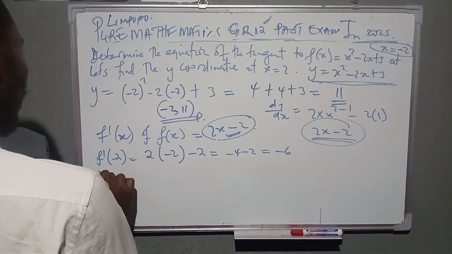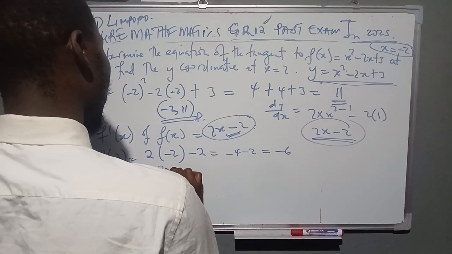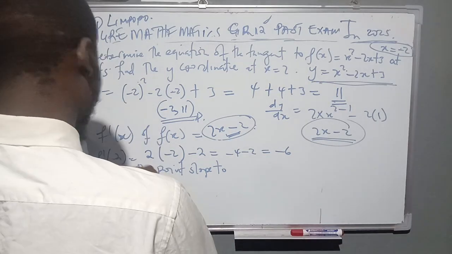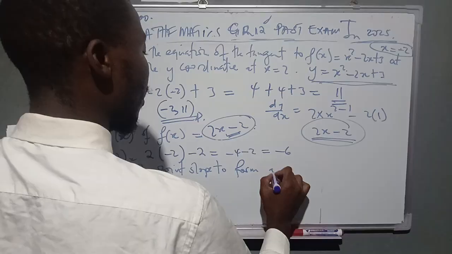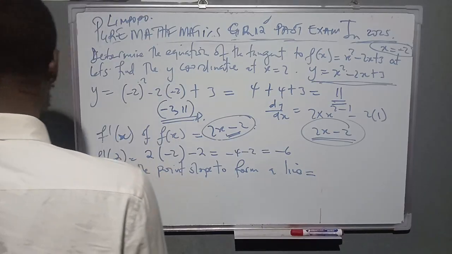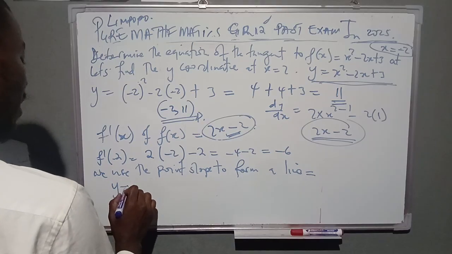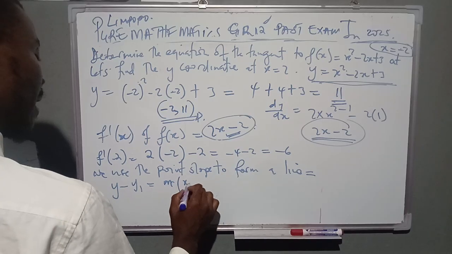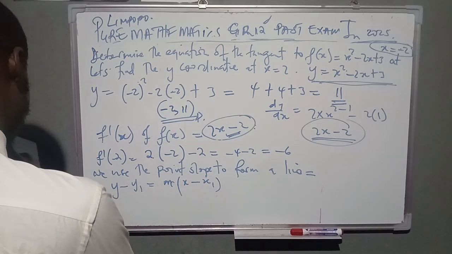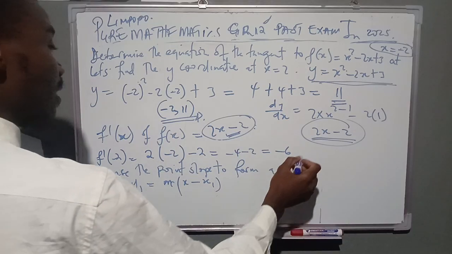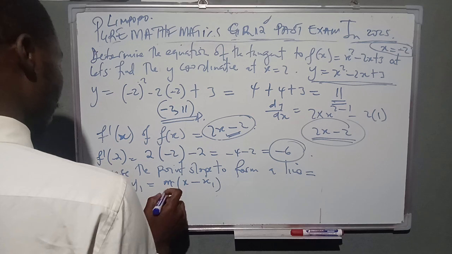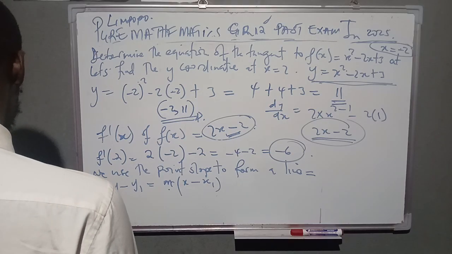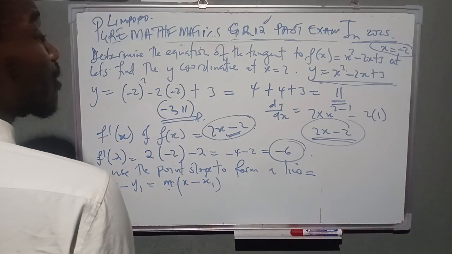Then let's use the point slope form of a line, because the question wants an equation. So this is where we say y minus y1 equals m multiplying x minus x1, right? And we know that the gradient is negative 6, so m is minus 6. We have the point minus 2, 11.